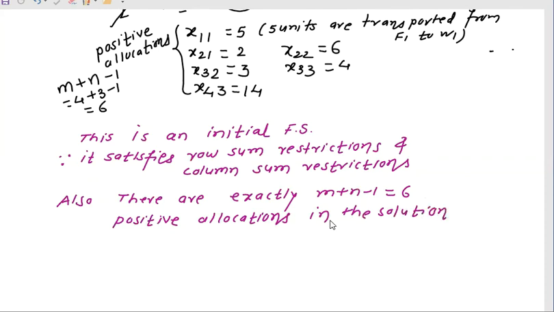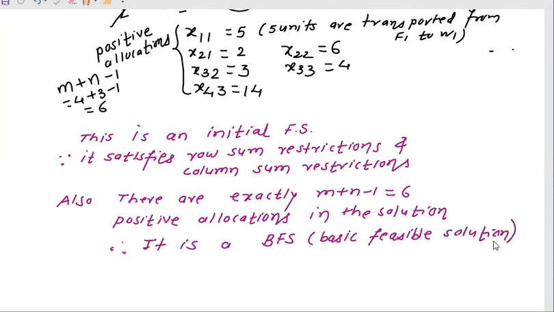So when there are exactly m plus n minus 1 positive allocations, this feasible solution is called a basic feasible solution. Therefore, it is a basic feasible solution. Also, let us see whether it is a non-degenerate basic feasible solution or a degenerate solution.